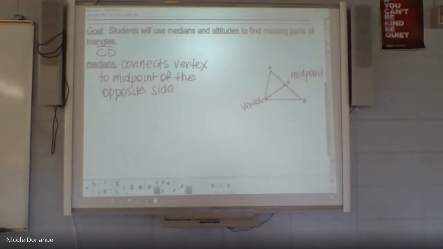So median, try to keep that separate in your head from mid-segment.